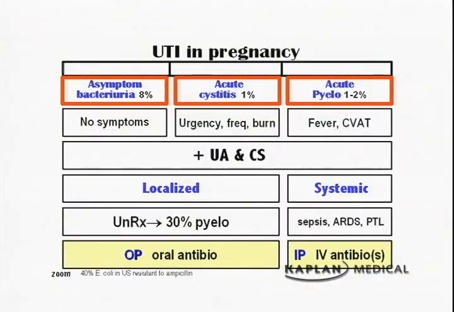Bacteremia. If you did blood cultures on these patients, 20% would have bacteria in the bloodstream. And we've seen more than our share of patients with acute pyelonephritis who end up with adult respiratory distress syndrome, and they're in the ICU on a ventilator. Why is this? Because of toxins from the bacteria that injure the capillary alveolar membrane in the lungs, and they get ARDS.